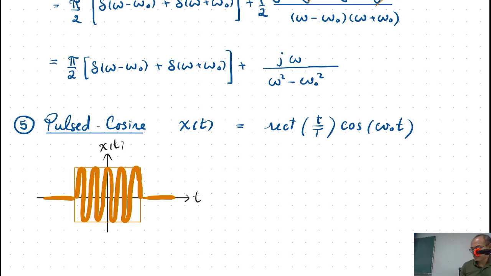So this is a pulse cosine. The oscillation there is an oscillation inside a rectangular shape.